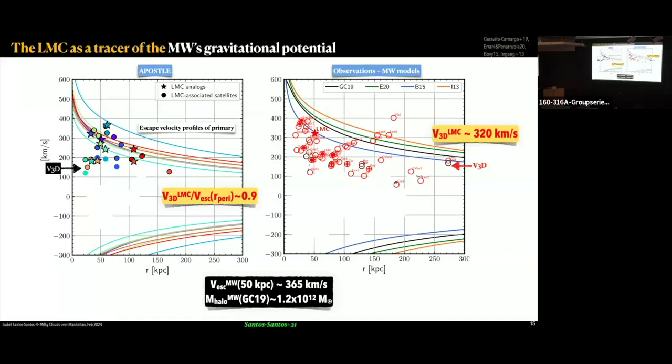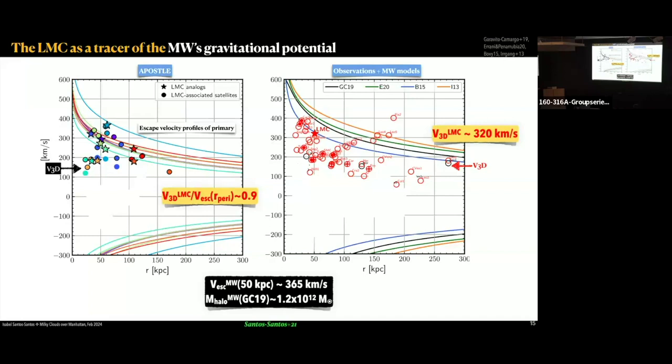So we can use this prediction and combine it with the observed 3D velocity of the LMC, which we know is 320 kilometers per second, and infer that the escape velocity of the Milky Way at 50 kiloparsecs should be something like 365 kilometers per second. Now we can look at different Milky Way models, which I compiled from the literature, and see how this compares.